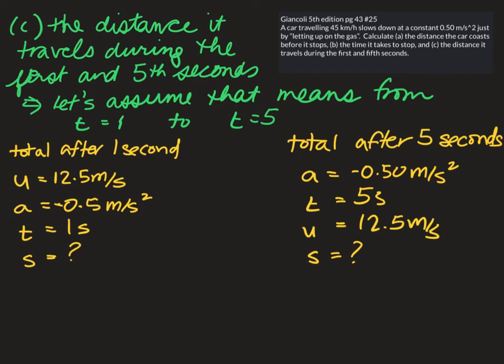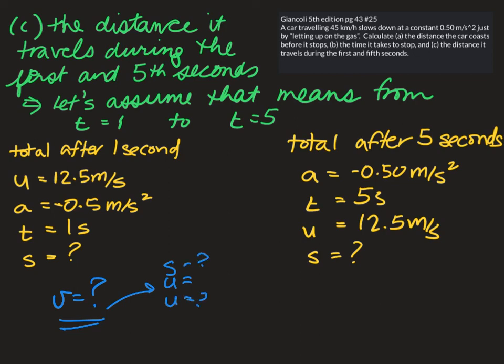Now, what you could have done as well is you could have said, wait a second, let me calculate the speed it's going after 1 second. What's its final speed after 1 second? If I did that, its final speed after 1 second could be then my initial speed at the beginning of the first second to the fifth, and I could use it in my U, V. Well, we don't know that.